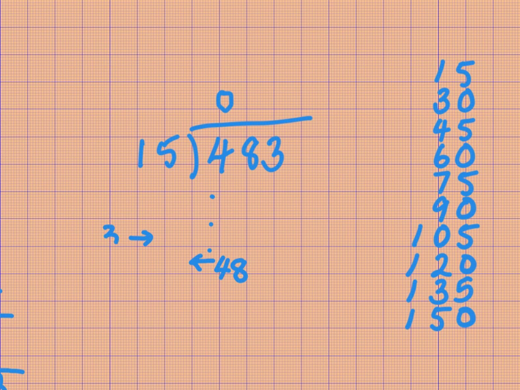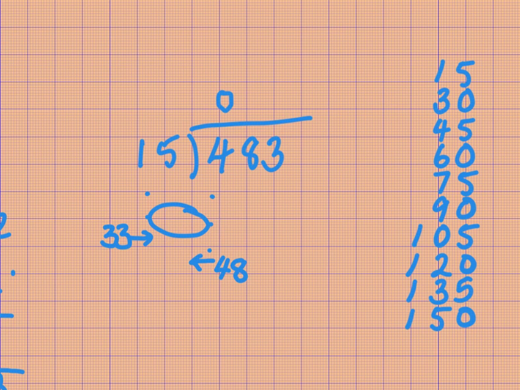33 would be here. How many 15s in 33 is 1, 2. 2 lots of 15 is 30. So I write my 30 down here and I subtract, which again I did mentally before, but now I'm writing it down. So 3 take away 0 is 3. 3 take away 3 is 0.